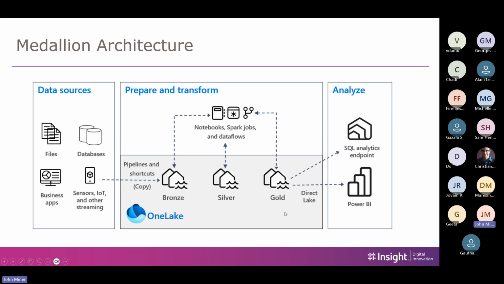The interesting thing is that all the reading and writing of files in the data lake is done by notebooks or Spark jobs. You can also do data flows, but most people use a data flow or a data pipeline just to get into Bronze, and then they use Spark to do the rest, okay? The interesting thing too is that this endpoint right here is read only, okay? So it's very important: you can't write to the endpoint.